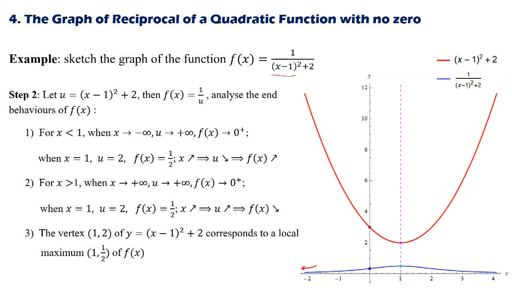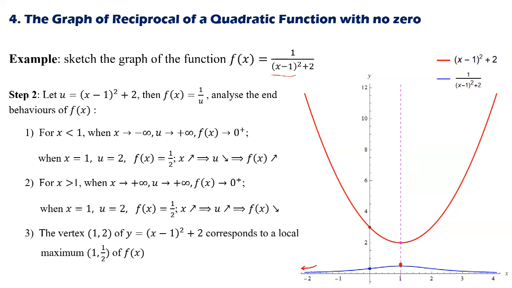And when x is 1, we can just put x being 1 in f(x). We get f(x) is actually 1 over 2, which is a point here, right? And we also know that in the interval from negative infinity to 1, as x increases, the denominator decreases, but the reciprocal of the denominator should increase, right? So overall, in the left branch, as x increases, f(x) increases.